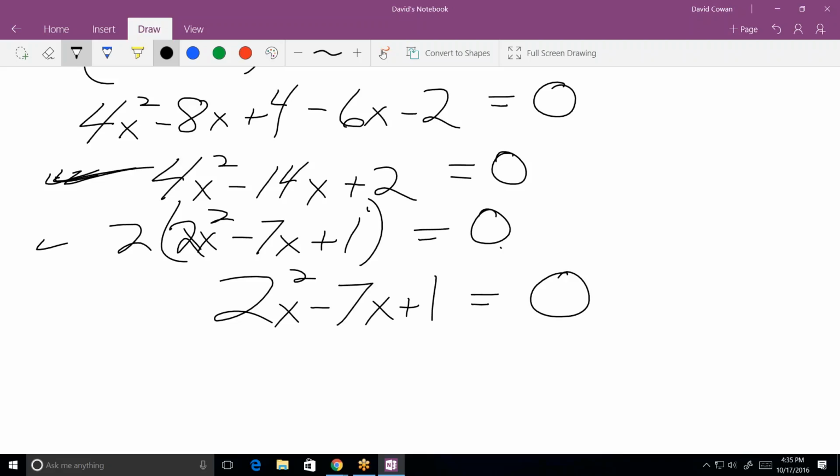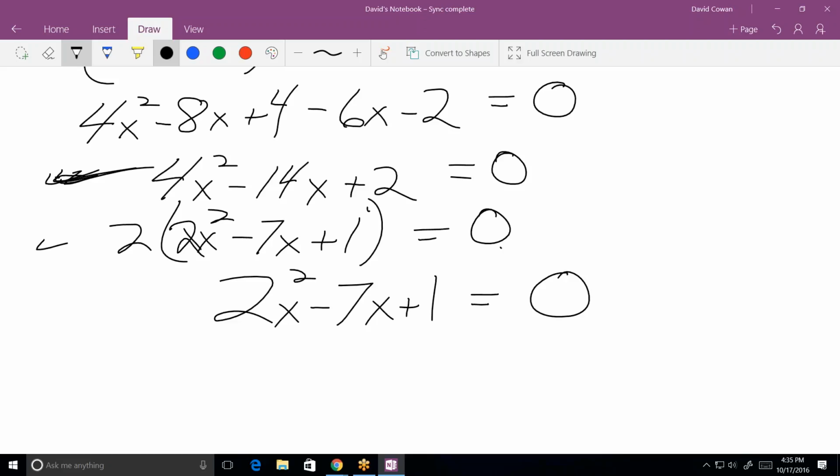But you always want to factor out a greatest common factor, because I could not really tell, looking at it in this form, whether I could factor it or not. It was only after I removed the 2 and examined what's left over that I can see that there's no way that factors. There's no way I can get to a middle term of minus 7x.